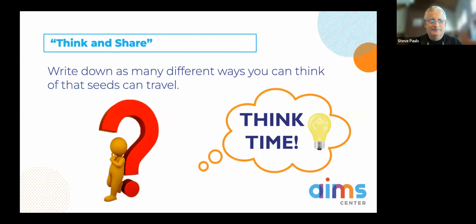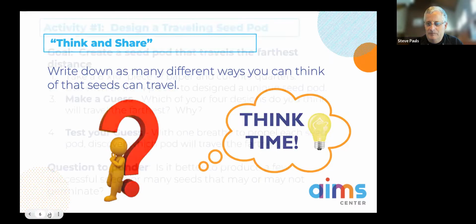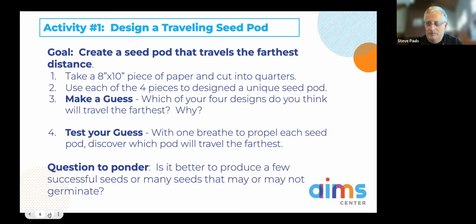All right, so we could go to the next slide. Before we get to our helicopter, what we're going to do is design our own traveling seed pod. Our goal is to create a seed pod that travels the furthest distance.